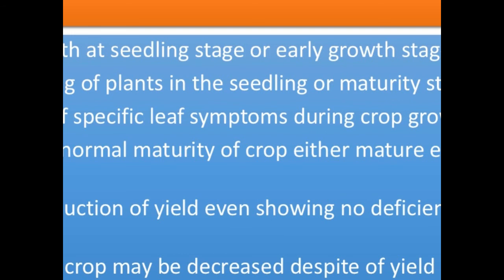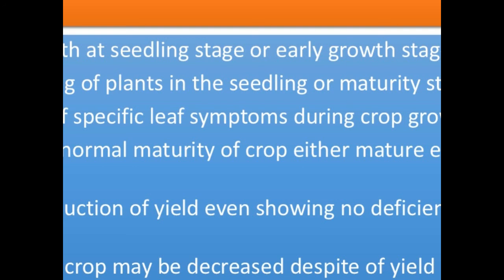Nutrient deficiency symptoms may be categorized as follows: complete death at seedling stage or early growth stage, severe stunting of plants in the seedling or maturity stage, appearance of specific leaf symptoms during crop growth, delay or abnormal maturity of crop, either early maturity or delay in maturity, and significant reduction of yield even showing no deficiency symptom in the leaf.